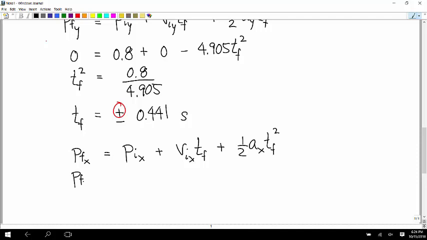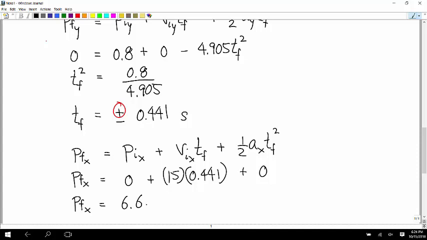So PFX is equal to 0 plus 15 times positive 0.441 plus AX is 0, so this whole term goes to 0. And so what do you get for 15 times 0.441? 6.615 meters. Any questions about that?